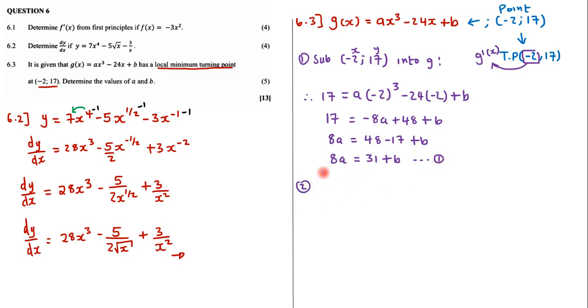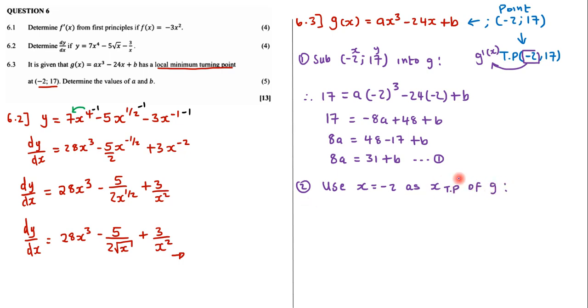Now after having this as equation 1, the second thing that I'm going to do is use x equals minus 2, which is the x coordinate of the turning point of g, right?